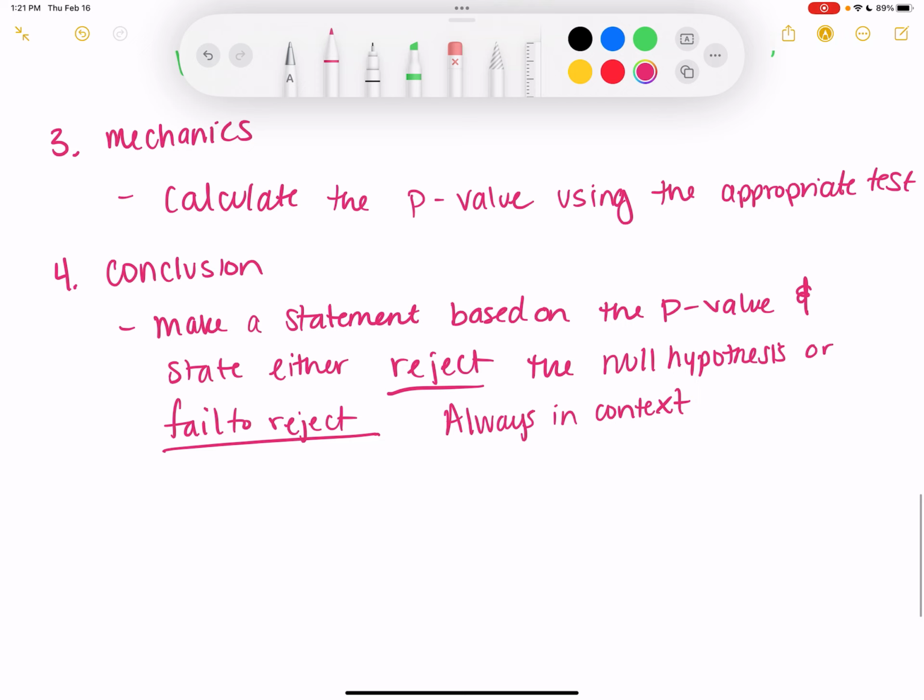So by that, be sure to answer the actual question that began the testing procedure.